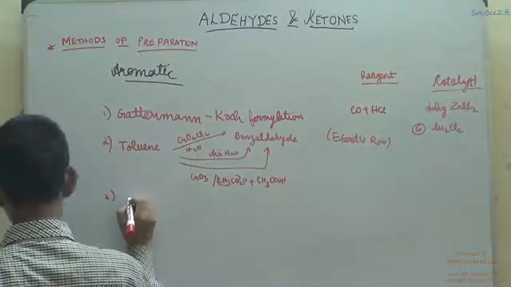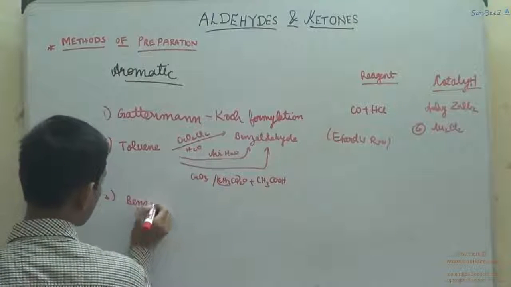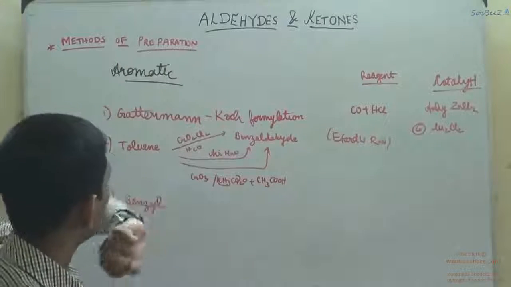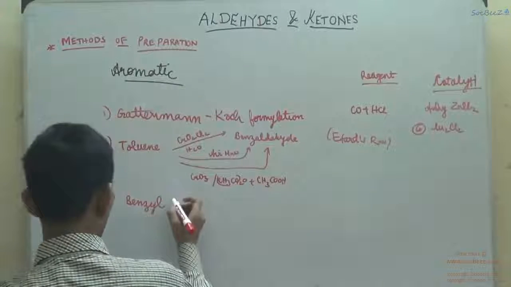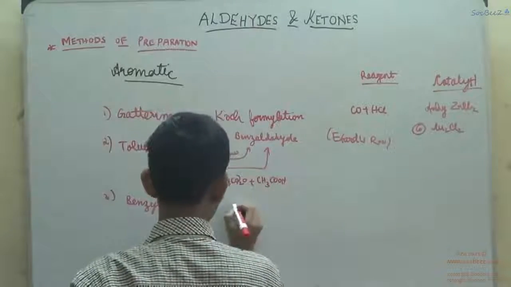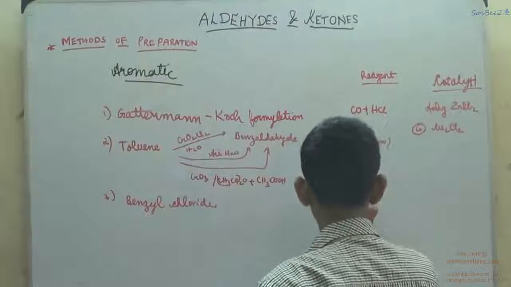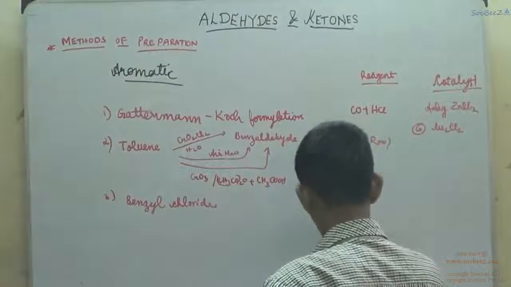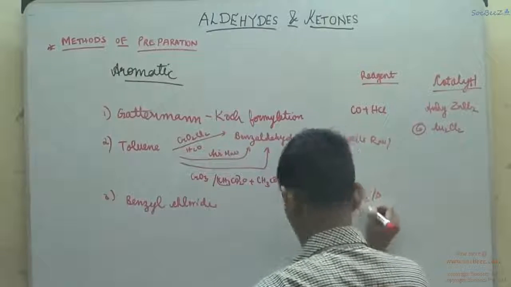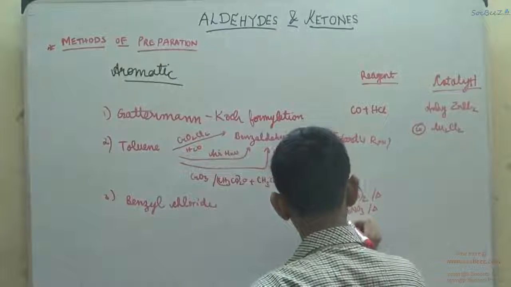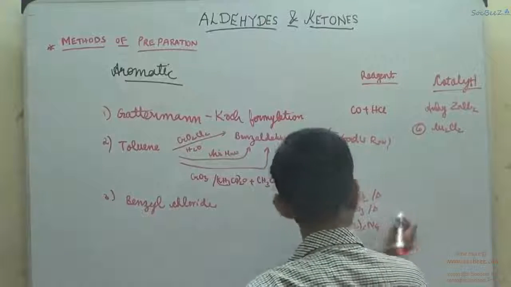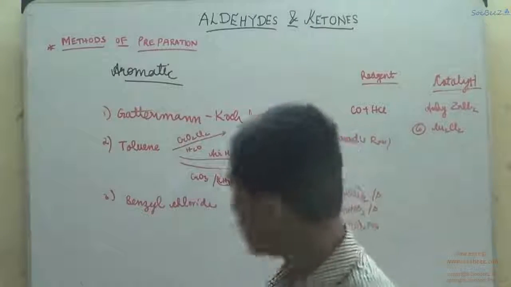Then, since we're talking about aromatic compounds, let me talk about benzyl chloride, that is alkyl chlorides, with reagents. If you treat with either Cu(NO3)2 with heat, or Pb(NO3)2, or if you treat with urotropine, that is (CH2)6N4, you'll get benzaldehyde.